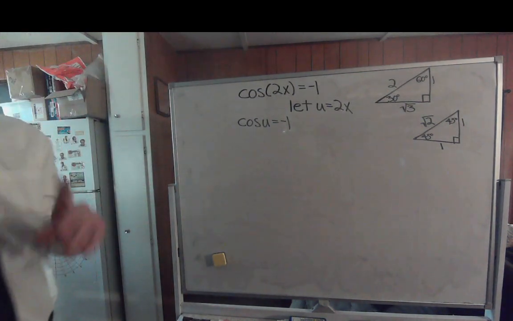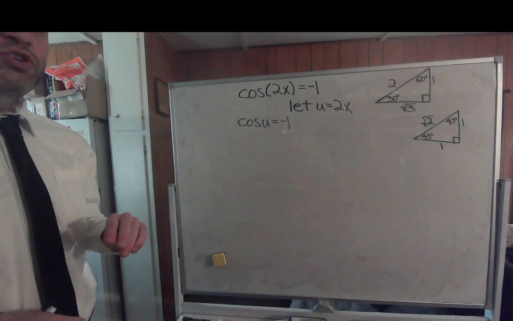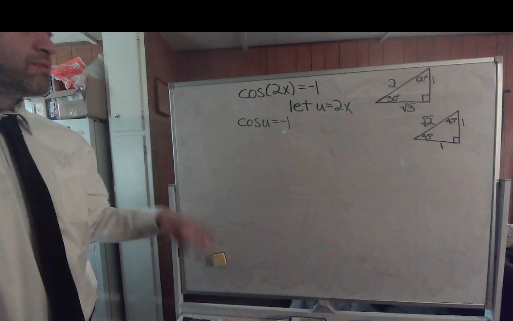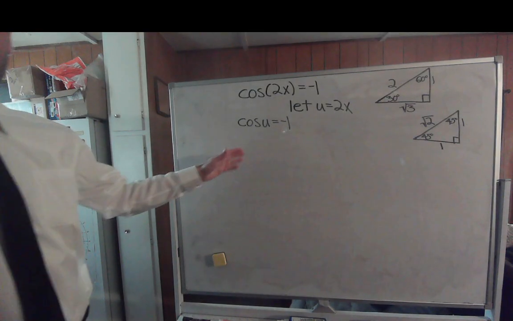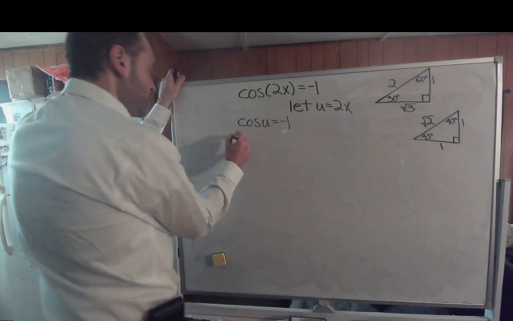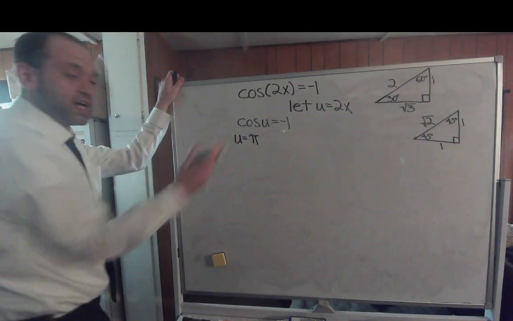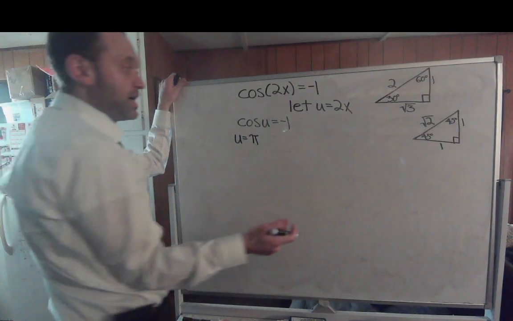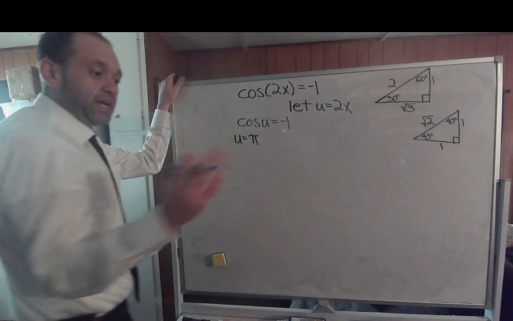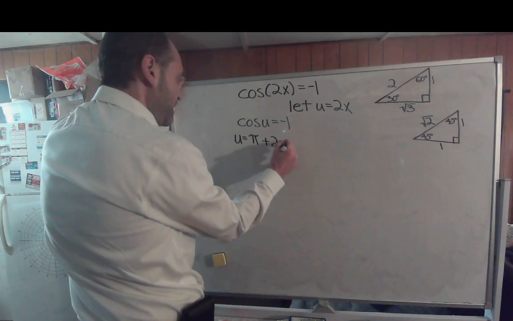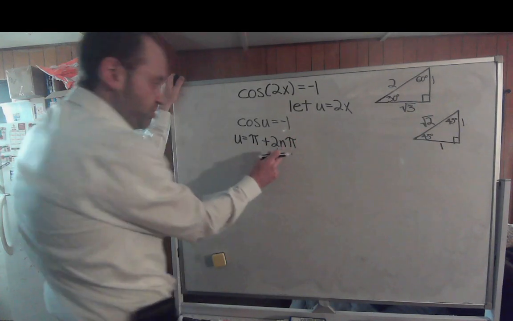Now, what angle in the interval from 0 to 2 pi would give you a cosine of negative 1? That would be pi, right? U would equal pi, and then cosine has a period of 2 pi, and pi is the only angle in that interval that works, so it would be pi plus 2n pi, any integer multiple of 2 pi after that.